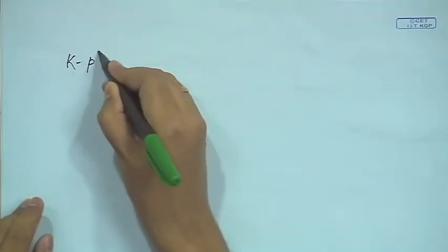Now, we will discuss at least 2 notions of social cohesiveness based on degree. The first one among these is what we call a K-plex.